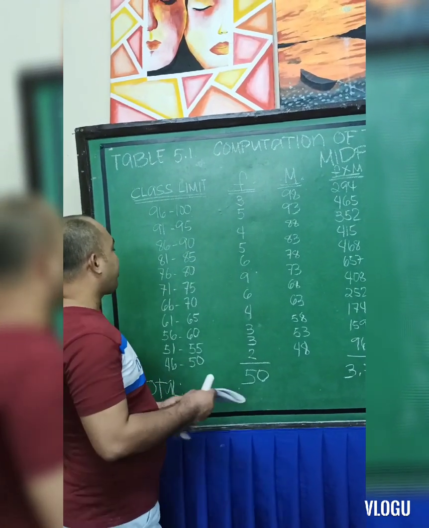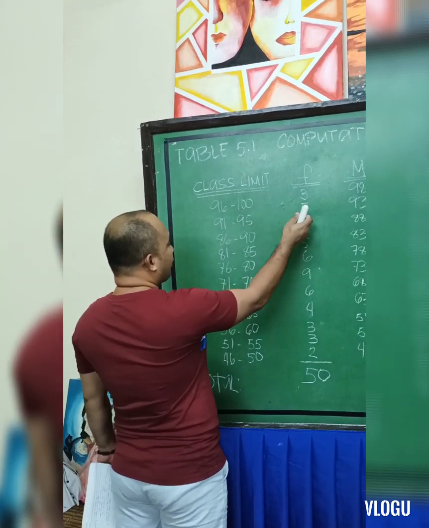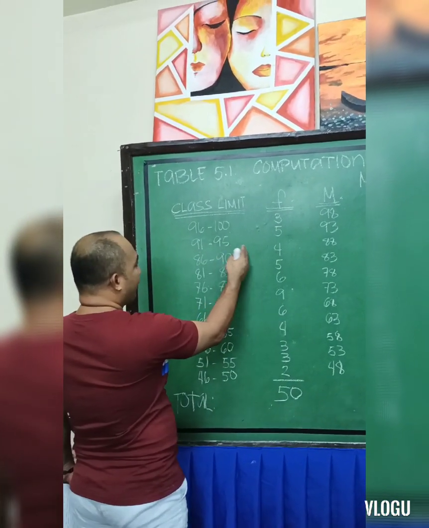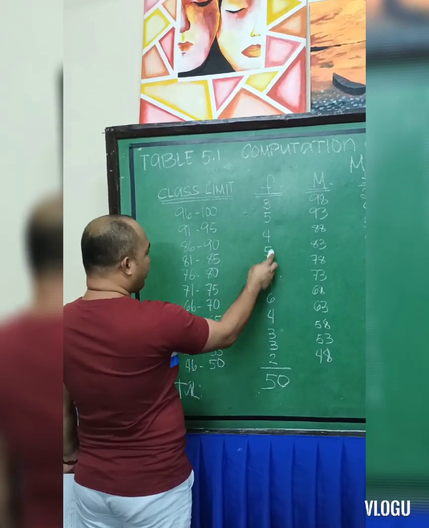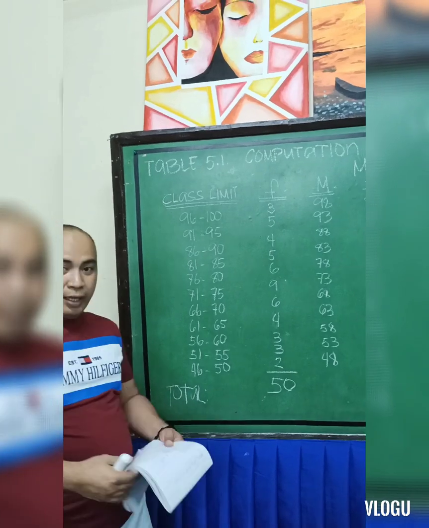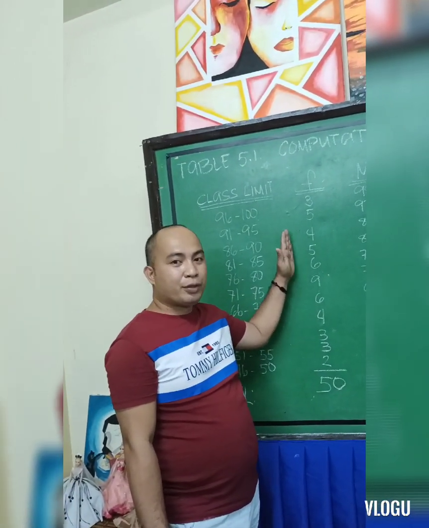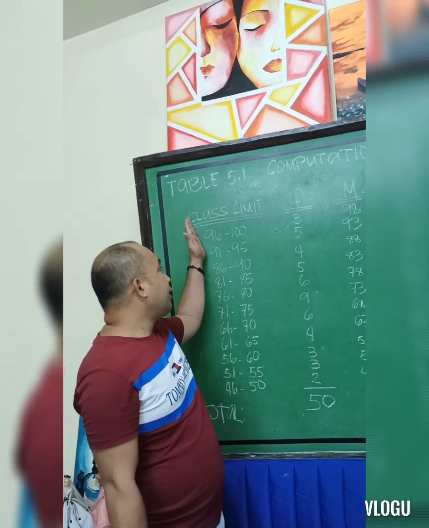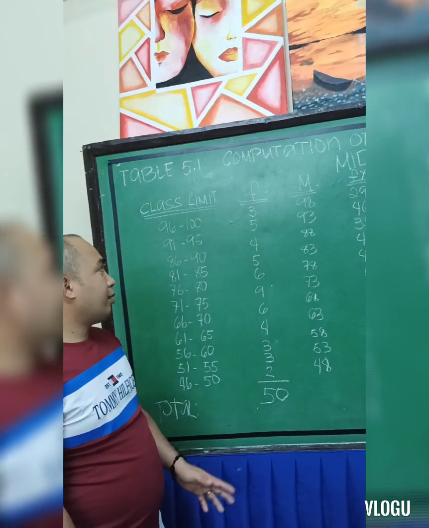For example, we have 3 students from 96 to 100, so the frequency is 3. For 91 to 95, we have 5. For 86 to 90, we have 4, and so on and so forth. So again, frequency represents the number of students who got the score or average within the class limit. This is our second column.